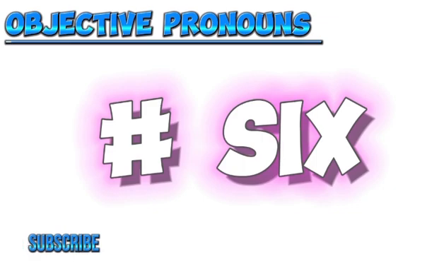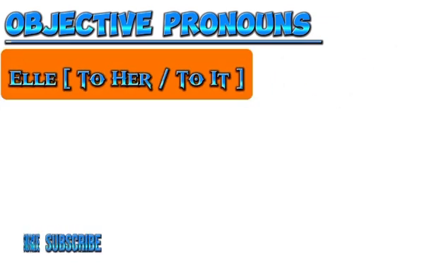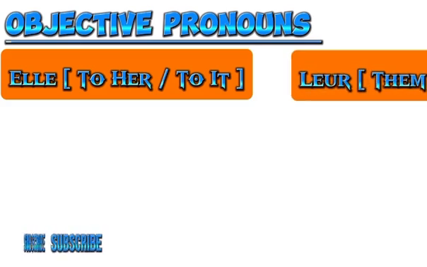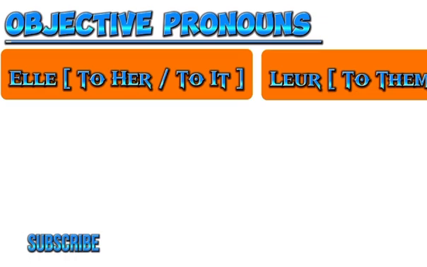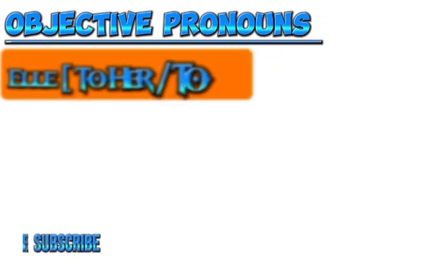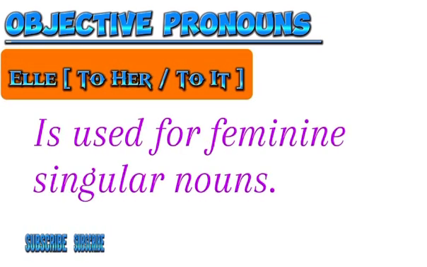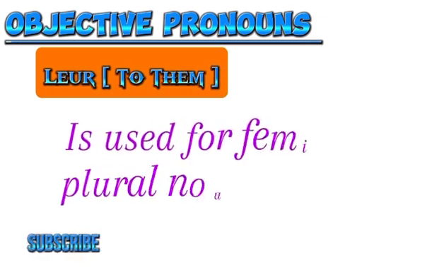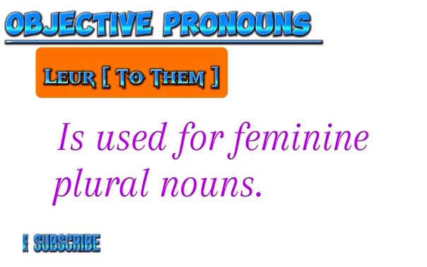Alright, now let's take a look at the last objective pronoun for the day. And this is elle, which means to her or to it. This also takes the plural elles, which means to them. Elle is used for feminine singular nouns, whereas elles is used for feminine plural nouns.